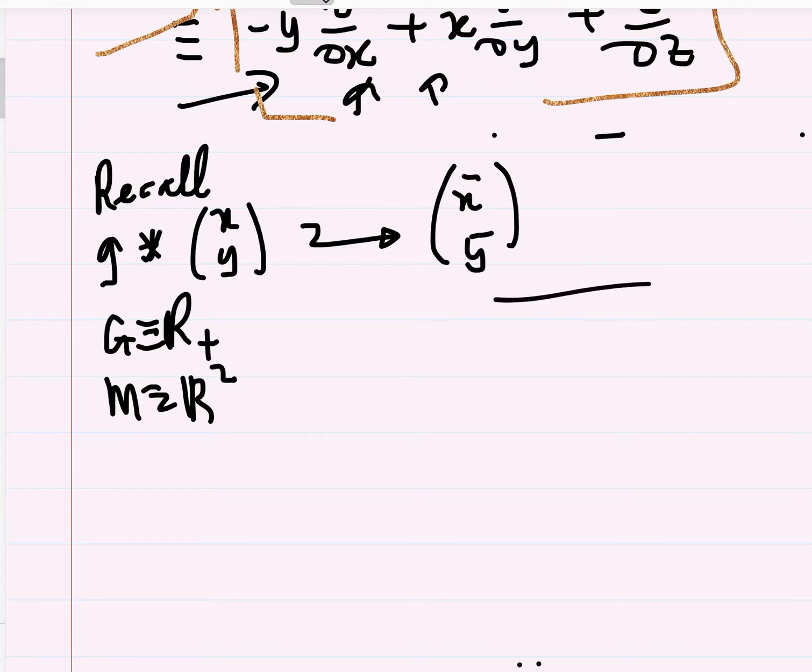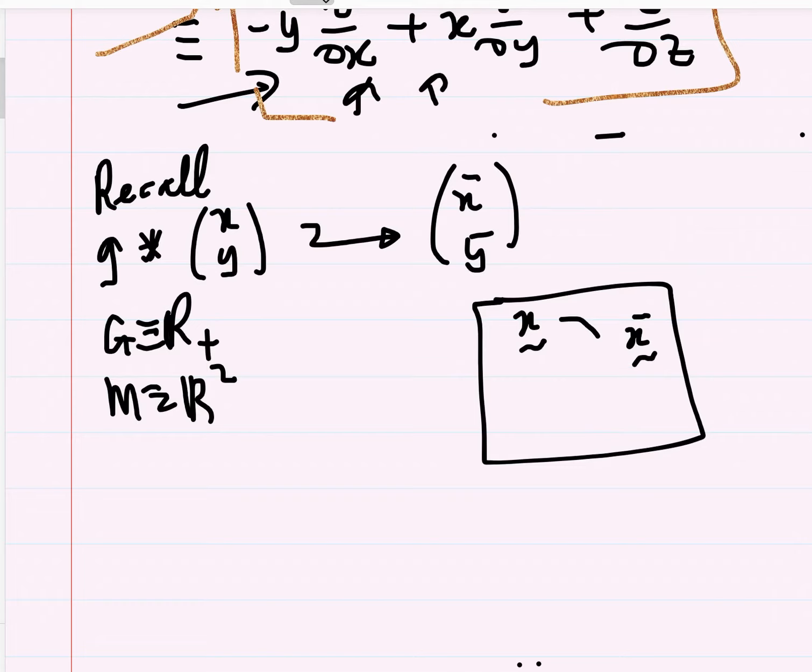So what's happening is, if little g acts on the point x, y, call it vector x, it's being transformed to a point x bar.